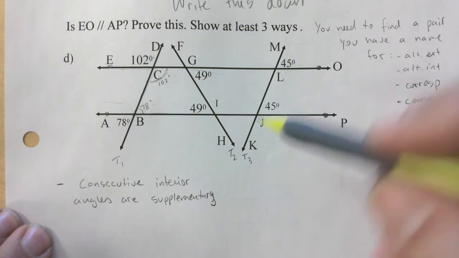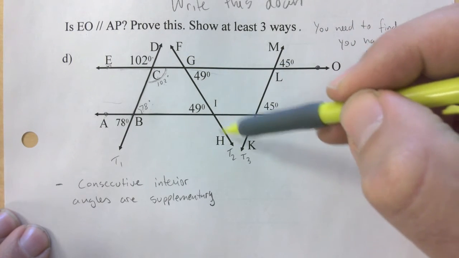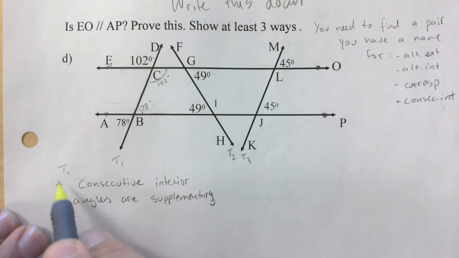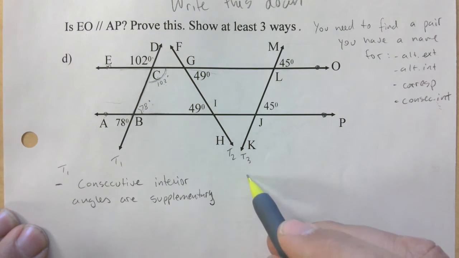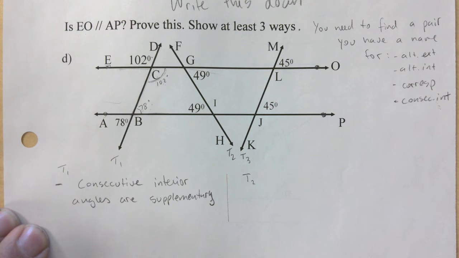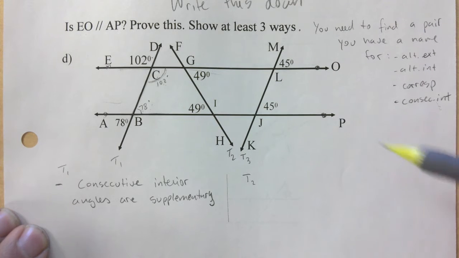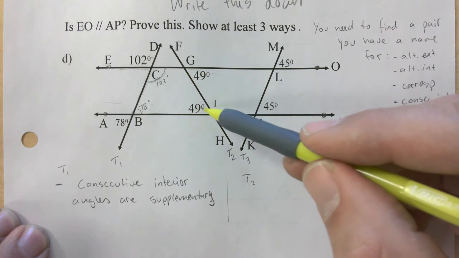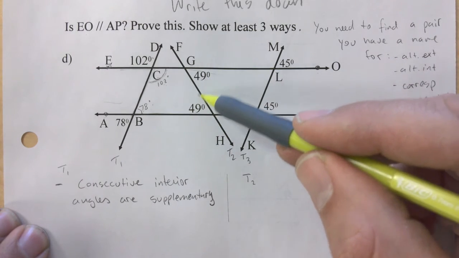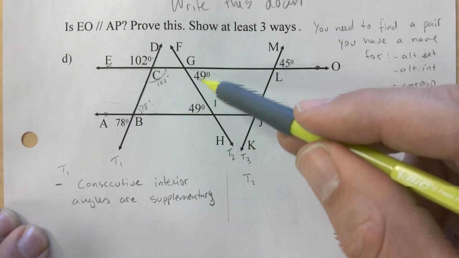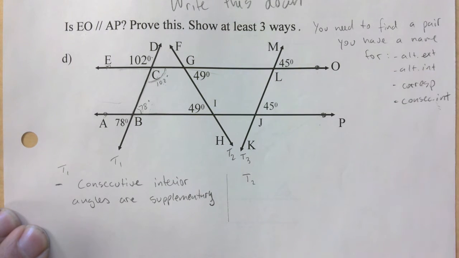As simple as that. Let's focus on this one here. This would be looking at transversal 1. If we looked at transversal 2 and used that transversal to determine whether or not these two segments are parallel, all you need to do is look at the known angles, and you can tell right away that you have a name for them.